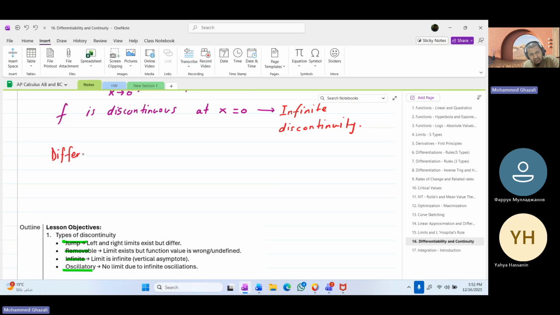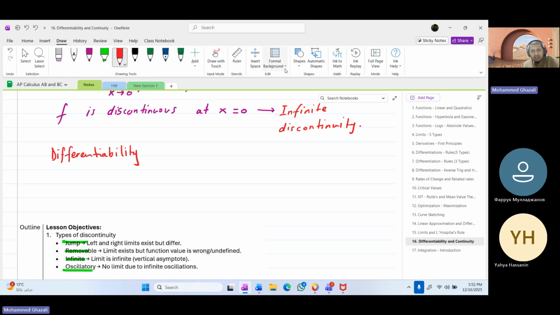So we did continuity. What is differentiability? Differentiability has to do with differentiation. So we say a function is differentiable.